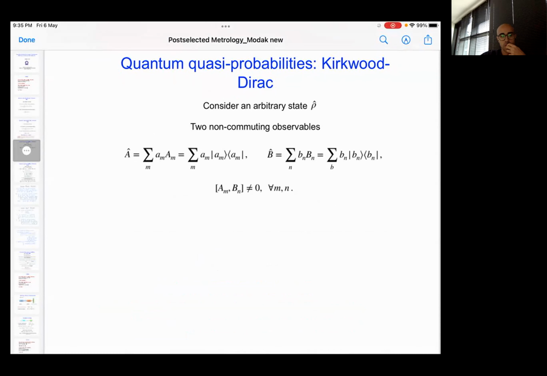So consider an arbitrary state, rho, and 2 non-commuting observables, A and B. You can expand your A and your B in terms of their eigenprojectors. Now Kirkwood put a further restriction. Not only are A and B non-commuting, but their individual projectors are non-commuting also, for every m and n.